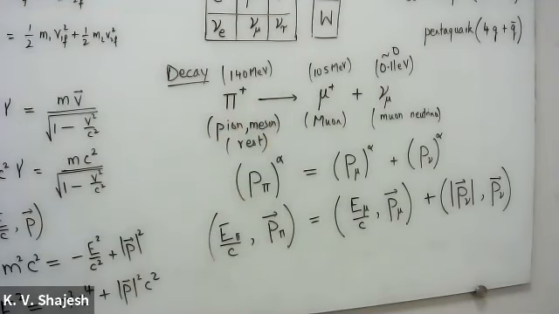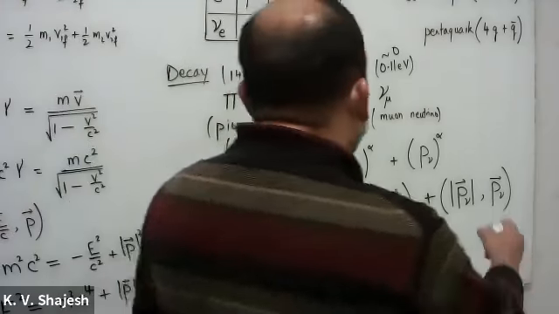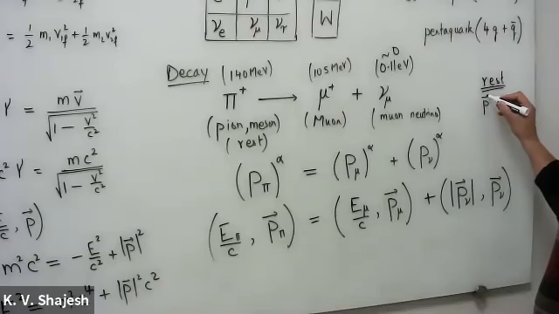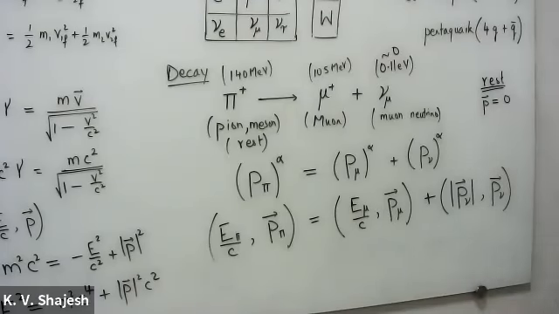If it is at rest, its momentum is 0. That's the first relation you can say. And the energy is equal to mc squared, its mass, right?